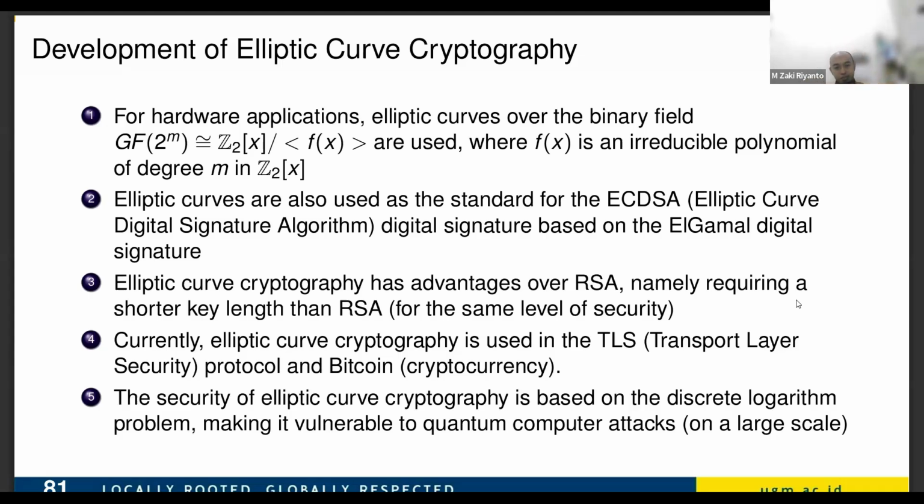And also, elliptic curve cryptography is now used widely in the TLS, or Transport Layer Security protocol, and also in cryptocurrency. But the security of the elliptic curve is also based on the discrete logarithm problem.